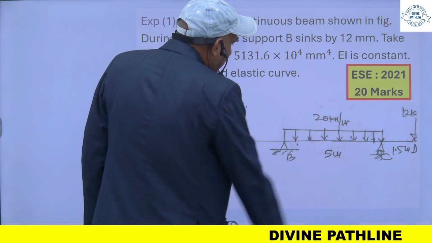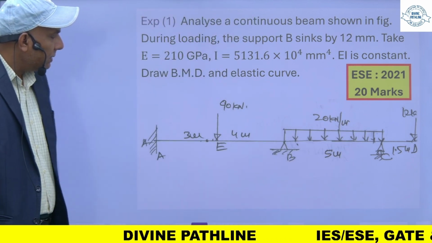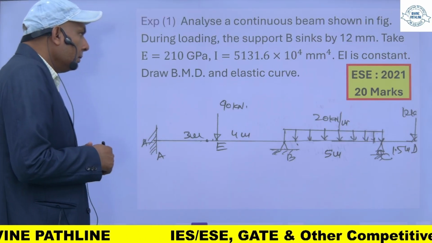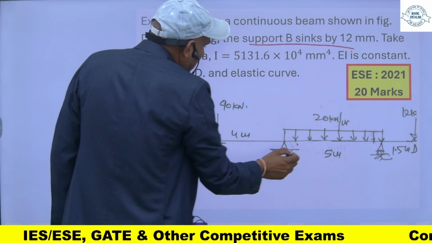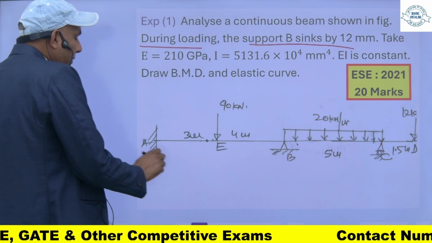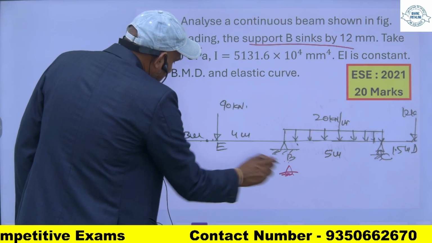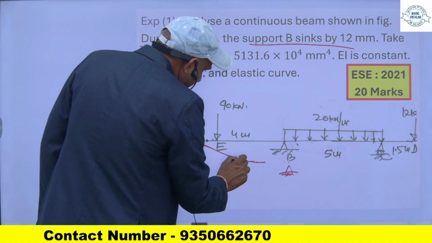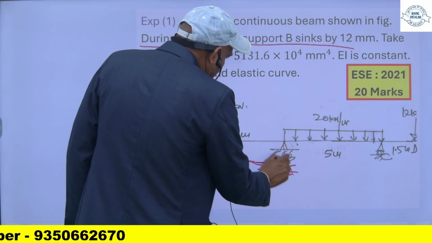This UDL is 20 kilonewton per meter and a concentrated load of 19 kilonewton is 3 meter from this support A. So what he says is that during loading, support B sinks by 12 mm, means there is a sinking of 12 mm like this.